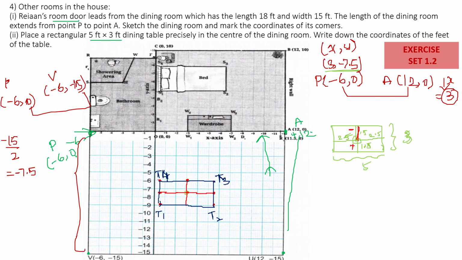So what is actually T1 over here? T1 point is going to be 0.5 comma minus 9, right?